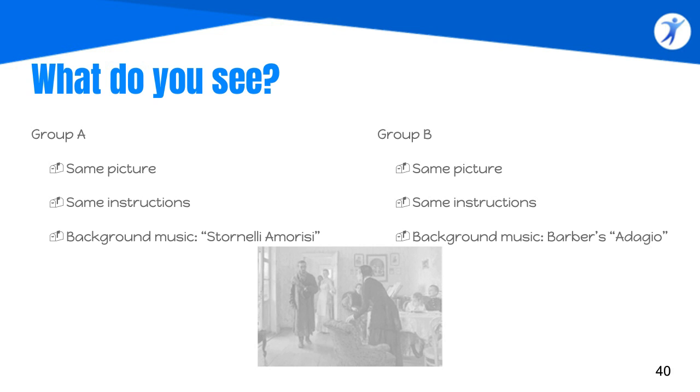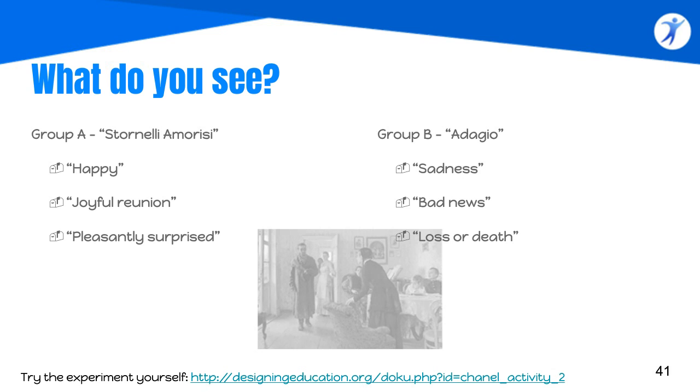I'll give them Barber's Adagio for Strings, which is widely considered to be one of the saddest, most somber pieces of music ever written. And then, when I start asking people to share their descriptions of what was in the picture, I get very different responses. Group A, the Stornelli Amorisi group, does what our group here has done. They give me descriptions like it's a very happy scene, it's a joyful reunion.